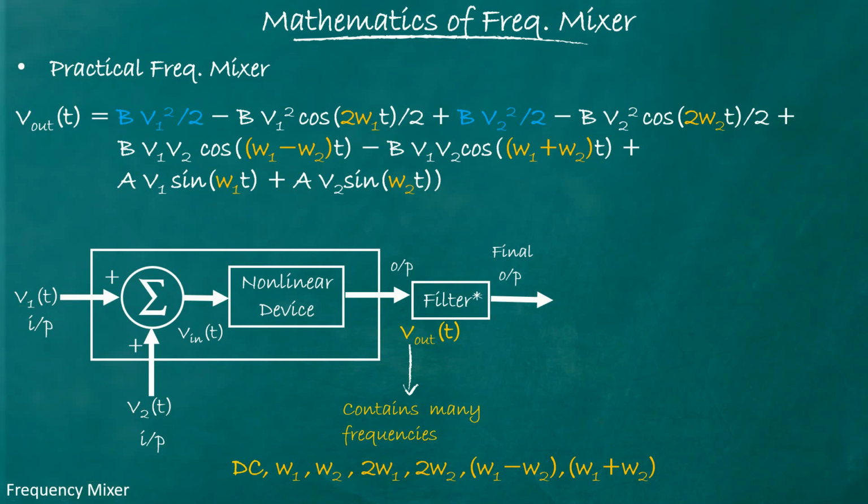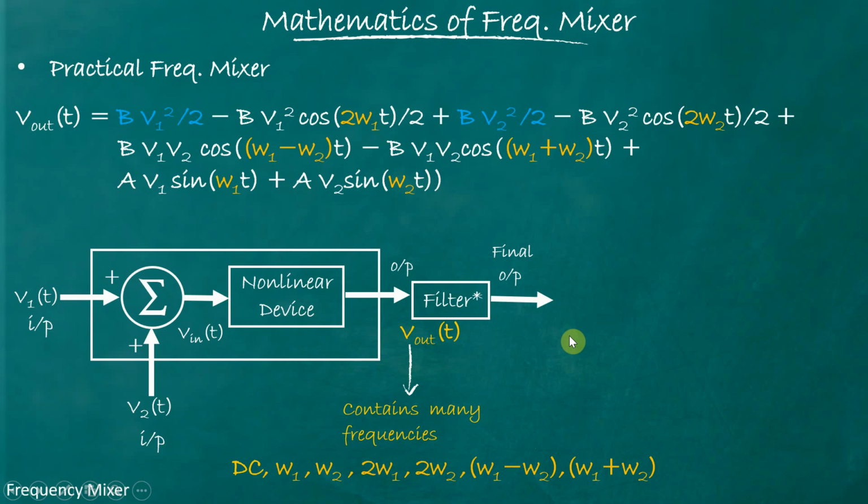So this is the magic of a non-linear device or mixer circuit, right. Now as per our requirement, out of these 6 frequency components, using a filter we need to pass the required frequency components at the final output terminal.